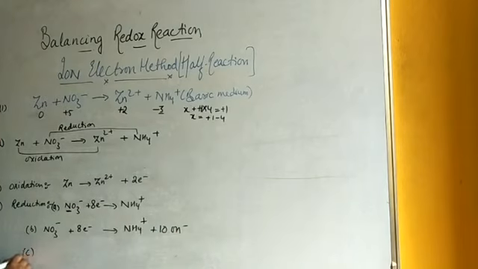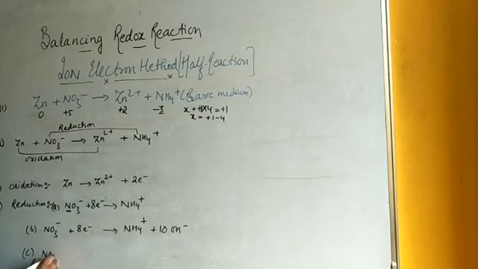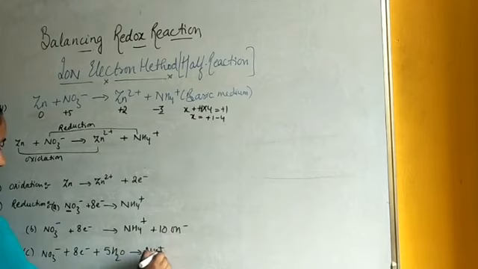When we are adding 10 OH negative on this side, students, we are adding hydrogen also. So we have to get it balanced. So I am adding here 5H2O gives NH4 positive plus 10 OH negative. Now just see, is the overall hydrogen balanced here?